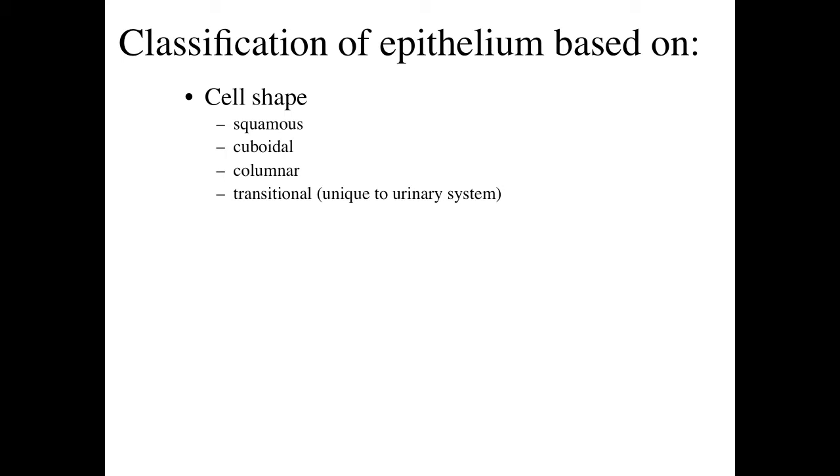And we'll also talk about a transitional epithelium, which is relatively unique to the urinary system, and that epithelium actually has the ability to change shape somewhat, where you can go from almost a very flat, almost squamous epithelium to a relatively high cuboidal epithelium, and we'll show you some examples of that in a little bit.